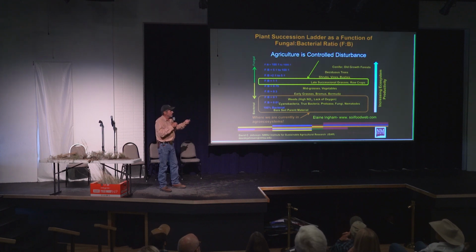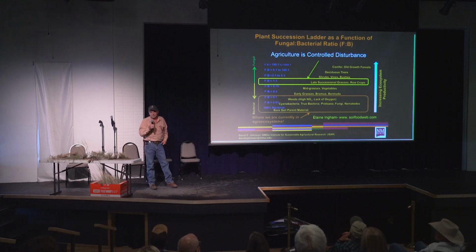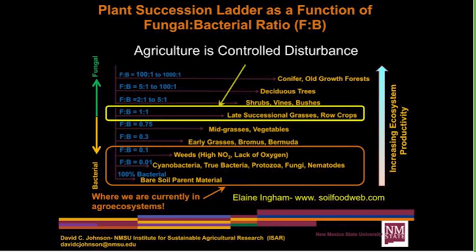An example in nature is you have a mudslide, you have a volcano. The first plants to come in are going to be early successional plants. When we farm and we do a lot of tillage, what are weeds? Weeds are early successional plants. They're trying to cover the ground, like Matt was saying.